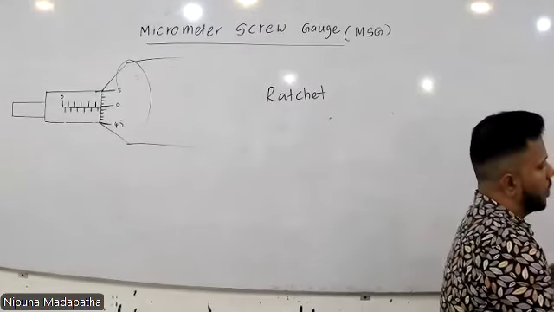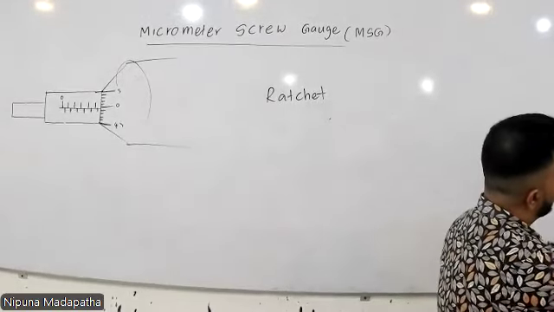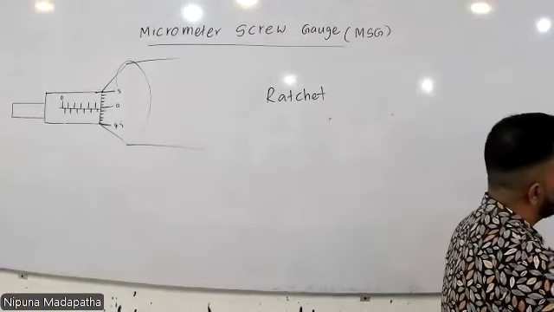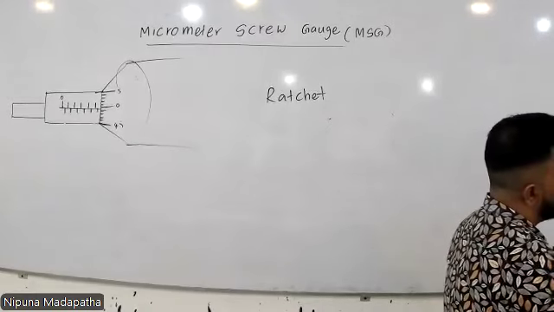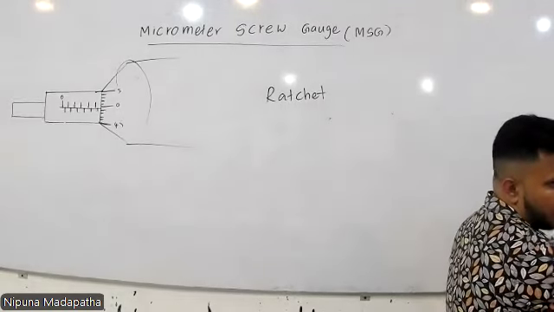So to avoid that, there is a special function. When you are taking a measurement and you are close to the object, you need to move this spindle not by using the thimble but by using the thimble head.